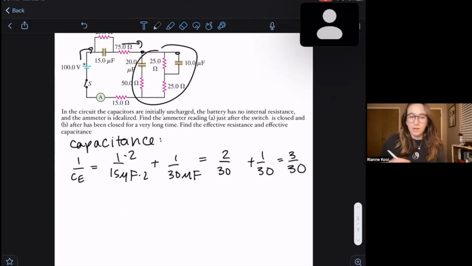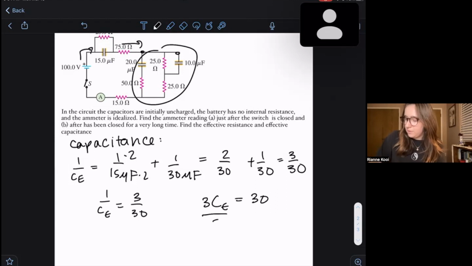Then we want to find the effective capacitance. So 1 over CE equals 3 over 30, or 3 CE equals 30. Divide by 3 on both sides, and we get our effective capacitance to be 10 microfarads.